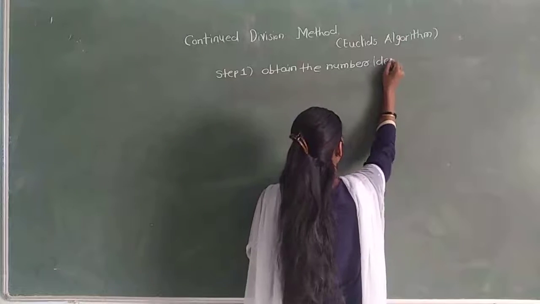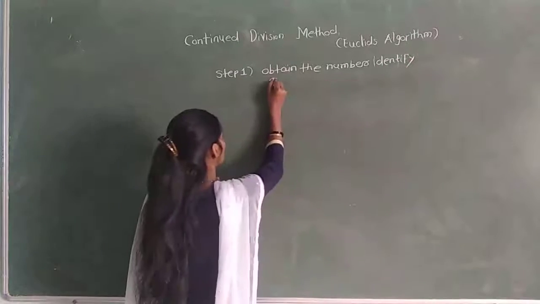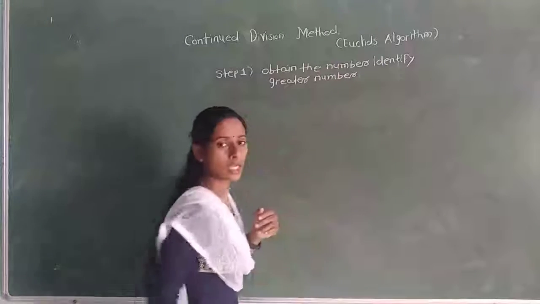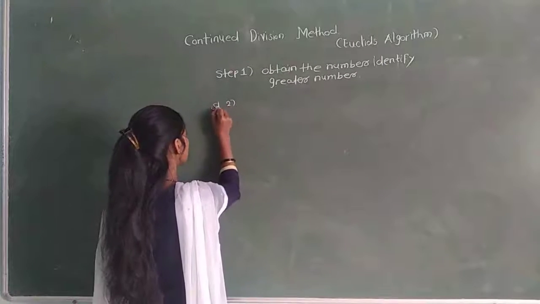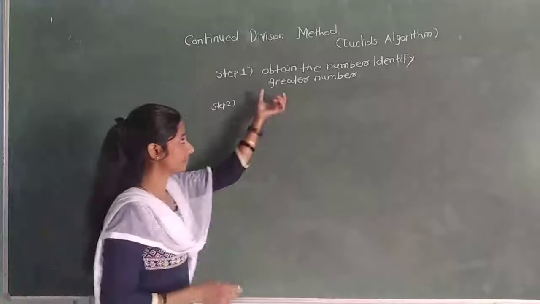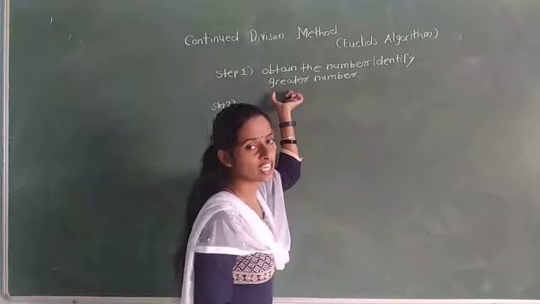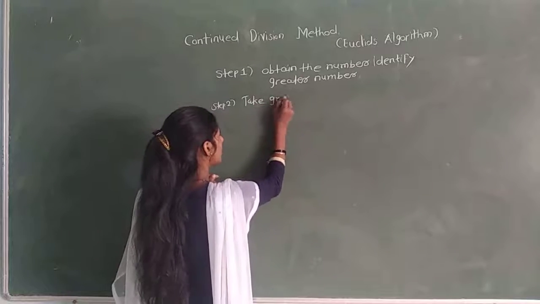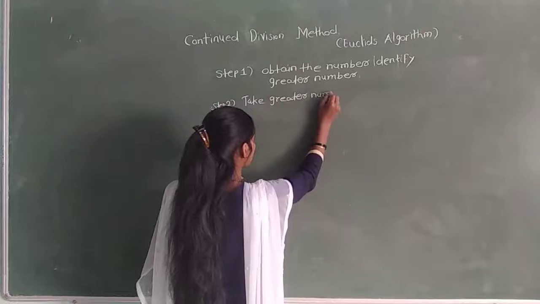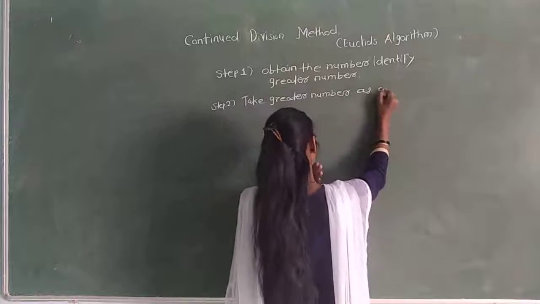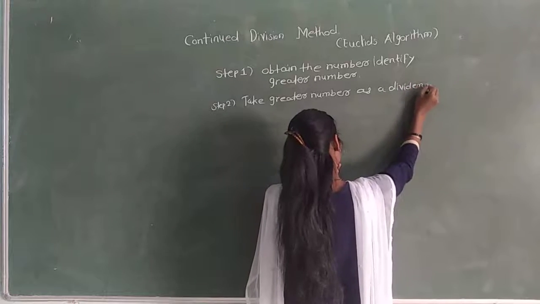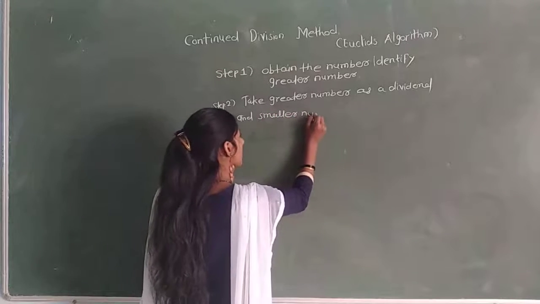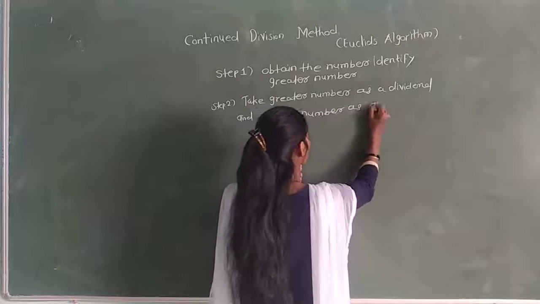Now step number two: take the greater number as the dividend and the smaller number as the divisor.